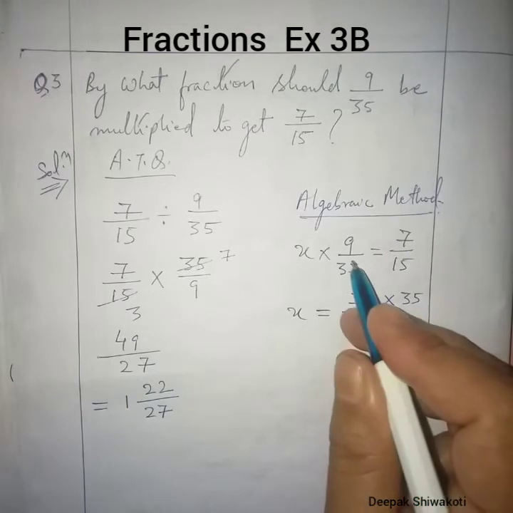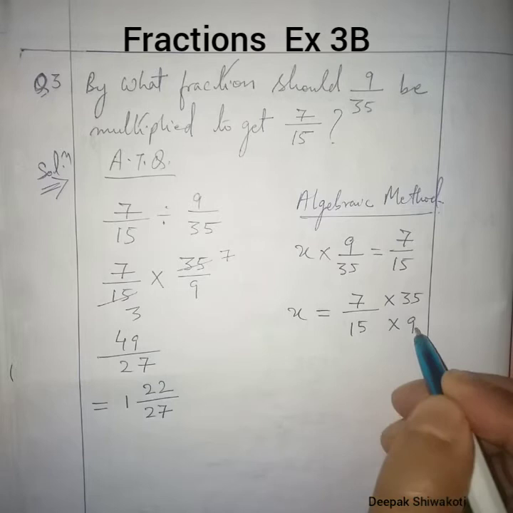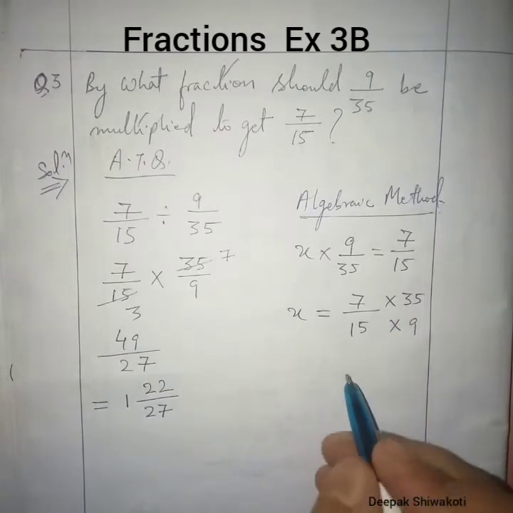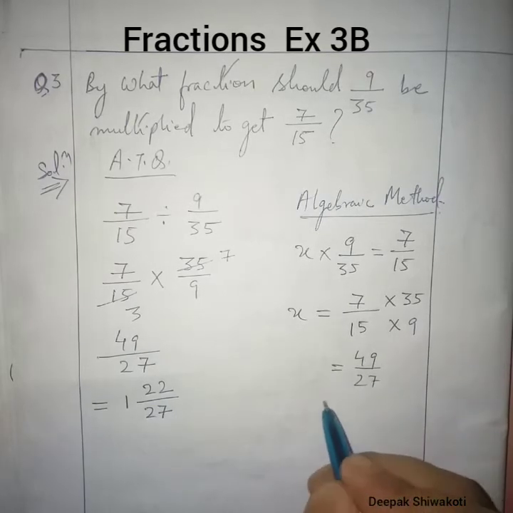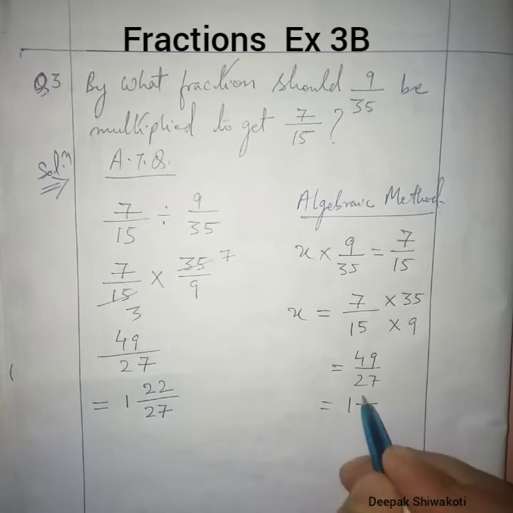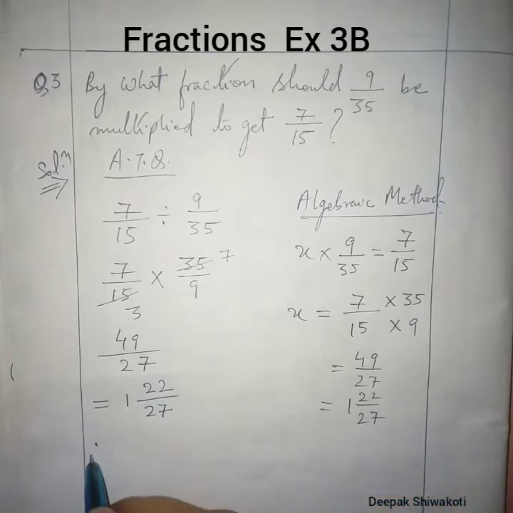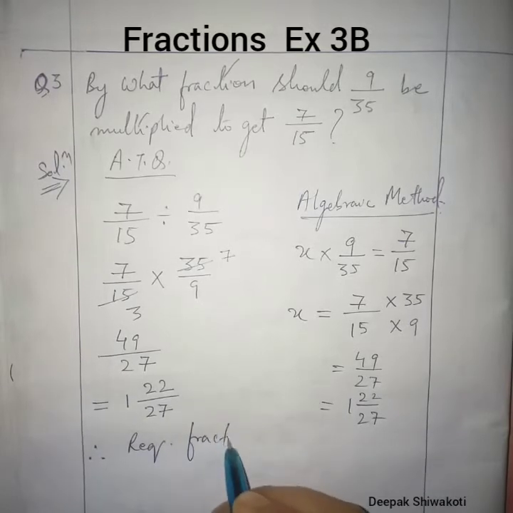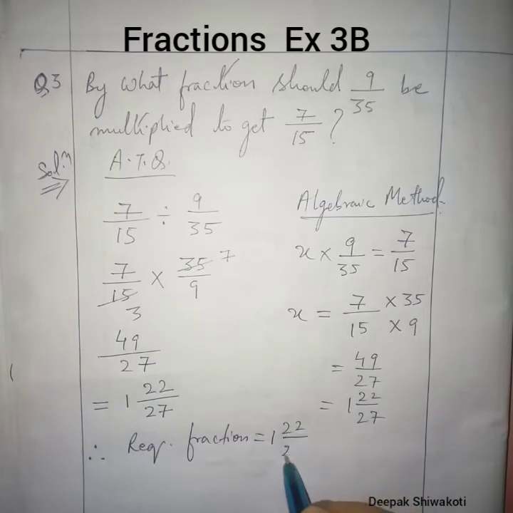Okay, and this numerator will go to the denominator. So we got the same form here. So here also we'll get 49 by 27, and when we divide here also we'll get 1 whole 22 by 27. Okay, so therefore the required fraction will be equal to 1 whole 22 by 27.